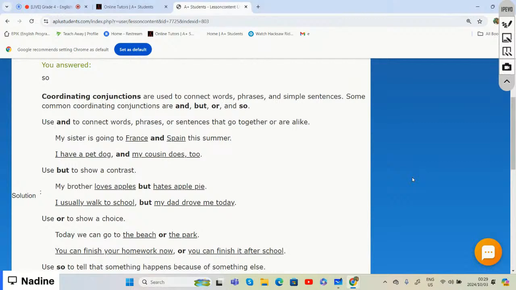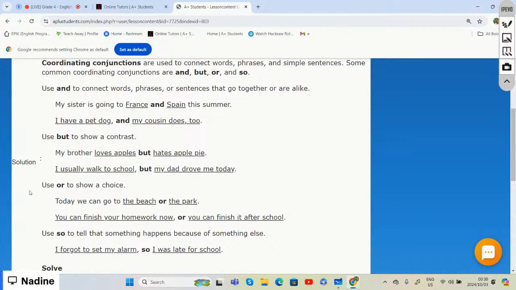For example, my sister is going to France and Spain this summer. And is specifically used to connect words, phrases, and sentences. It's almost like saying this and that. It's like adding in something extra. That is what and is. It's connecting.